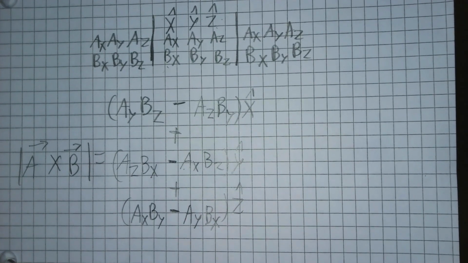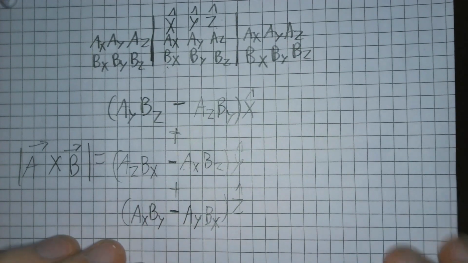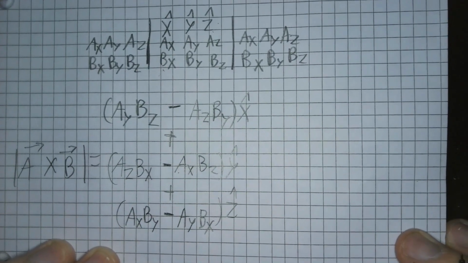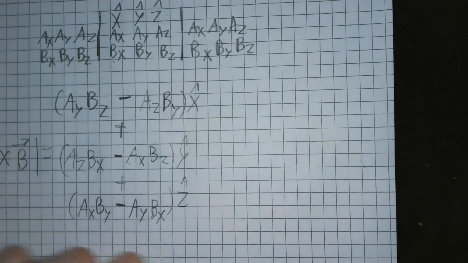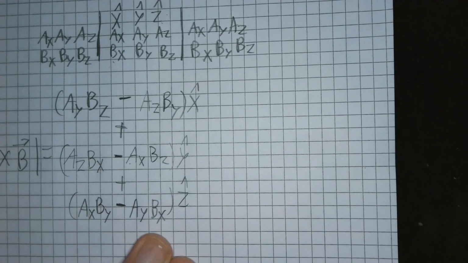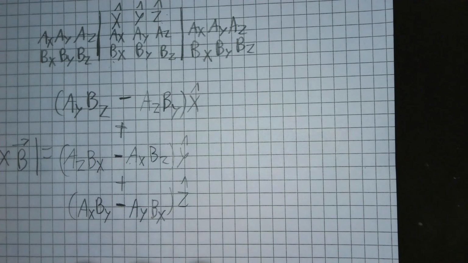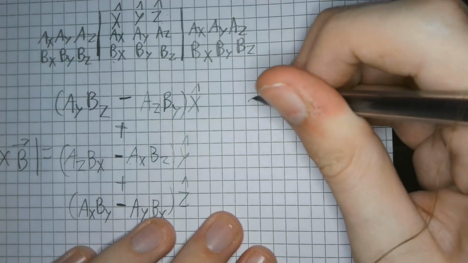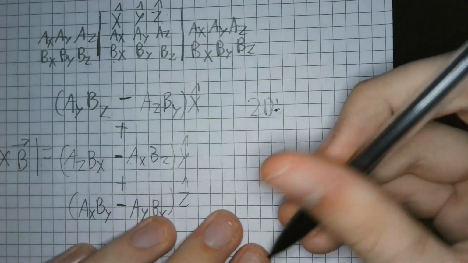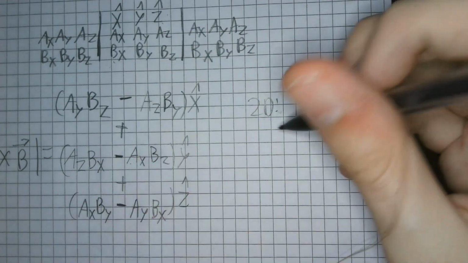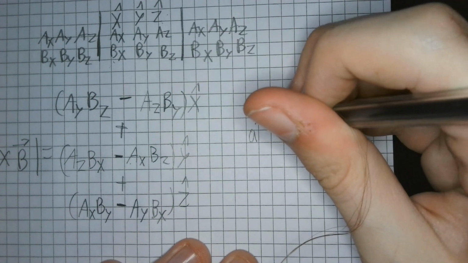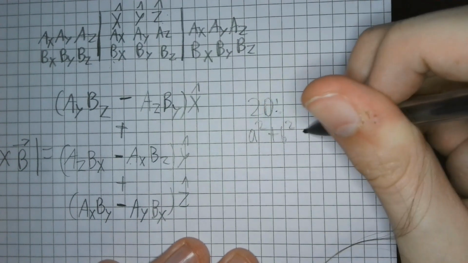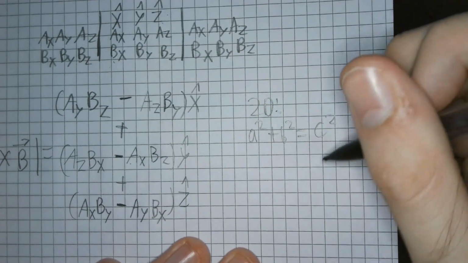Okay, really fast here, just to kind of wrap things up, I want to propose a formula to you, and it's going to be very similar to the Pythagorean theorem. And I mean, it basically is just a three-dimensional Pythagorean theorem. So in 2D, we had a squared plus b squared equals c squared.